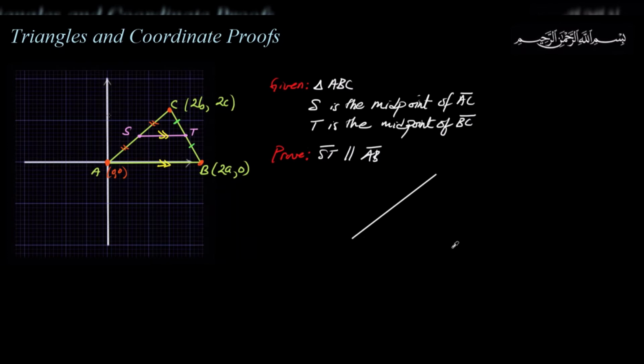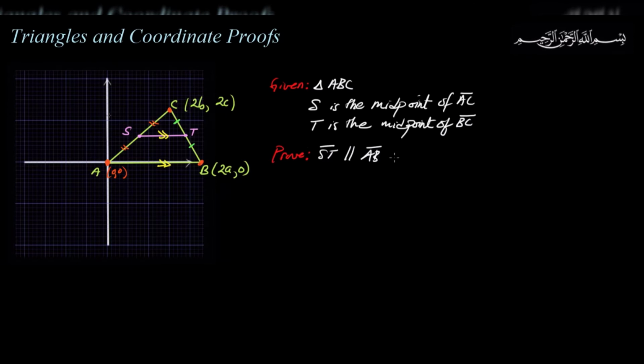Now this will also show you the beauty of this particular method, that is using a coordinate plane to prove geometric concepts, or doing what's called coordinate proofs. So let's look at this question again. We're given this triangle and two midpoints S and T, which implies those two segments are congruent as I've drawn over here, and we're asked to prove that these two segments are parallel.